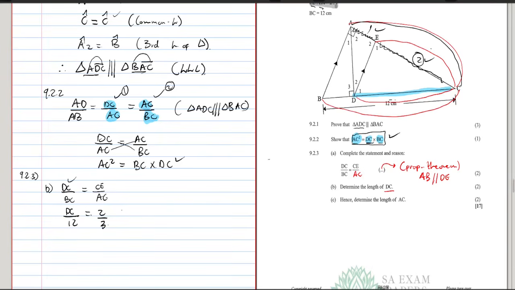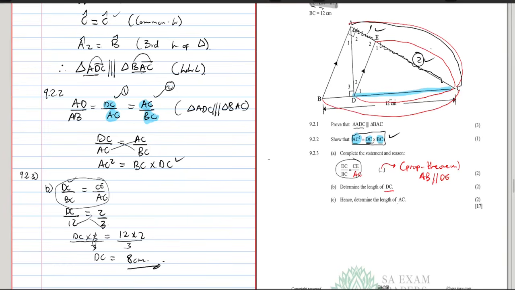We are taking this from the previous question. So we cross multiply and end up with DC times 3 equals 12 times 2, and then we divide by 3. They cancel. DC is equal to 12 times 2 over 3. I'm getting 8 centimeters.